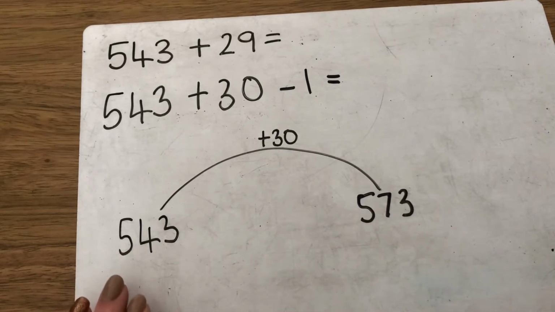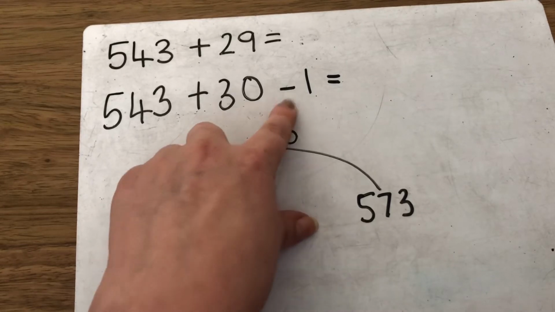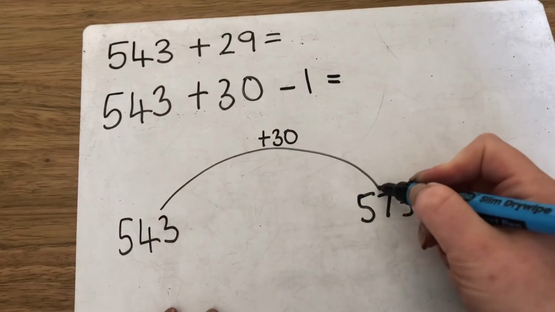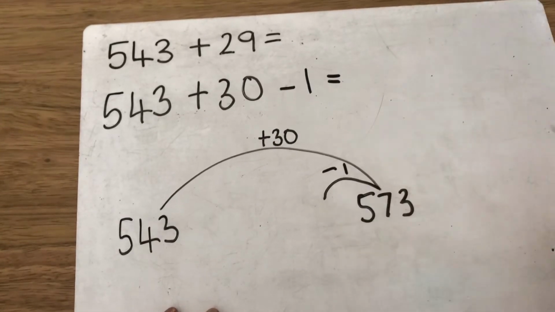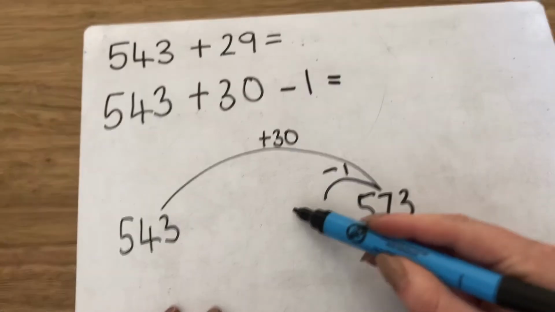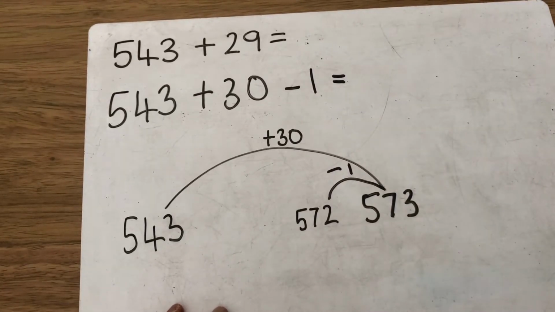But we don't just leave it there, because we've done the first step, so we've added the 30, but don't forget we then need to subtract that 1. So 573 subtract 1, so 1 less than 573 is 572, and that would be our answer.